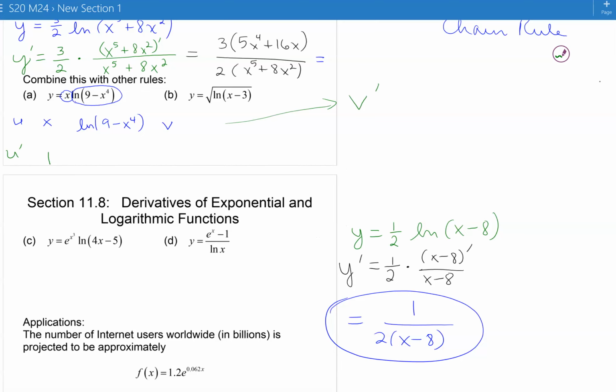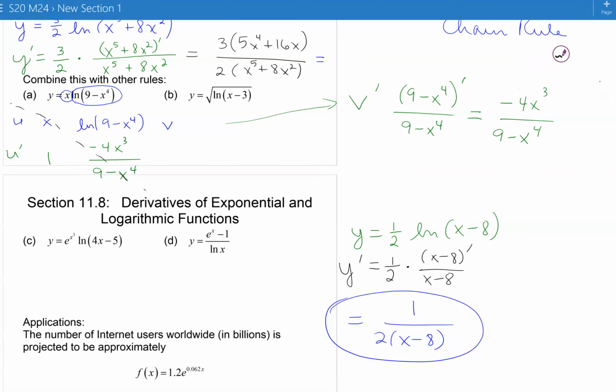So I'm going to come over here and do it separately so I can take as many steps as I need. I'm going to have the derivative of 9 minus x to the 4th over 9 minus x to the 4th. So that's going to be negative 4x cubed over 9 minus x to the 4th.